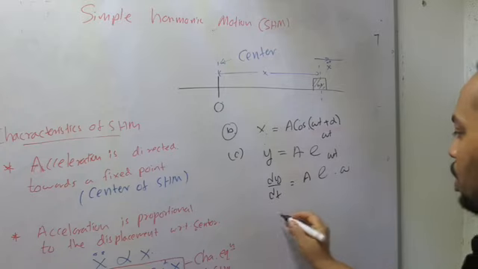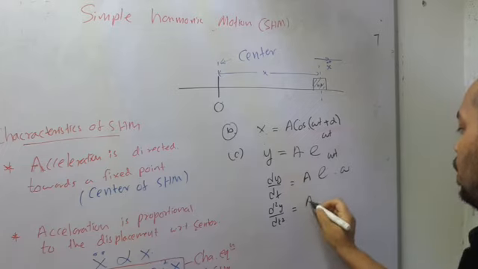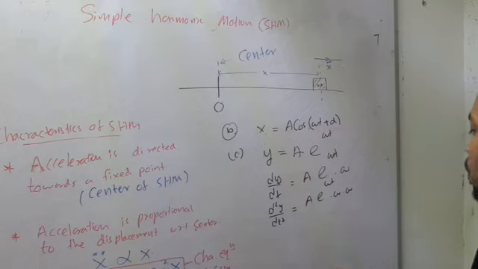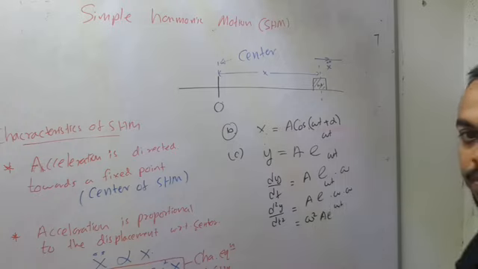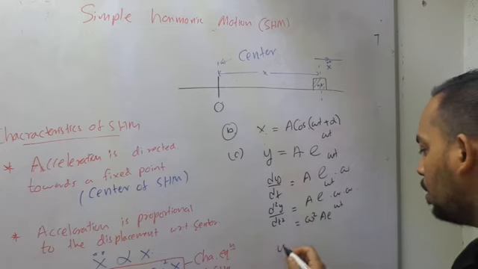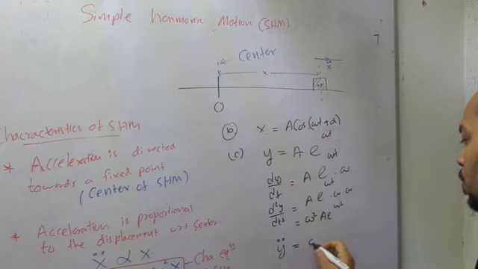If you take the second derivative, d squared y over dt squared, you get the same thing, but again you have to multiply by omega. Now what you get here is omega squared a e to the omega t, and d squared y over dt squared, which is y double dot, is equal to omega squared times this part.